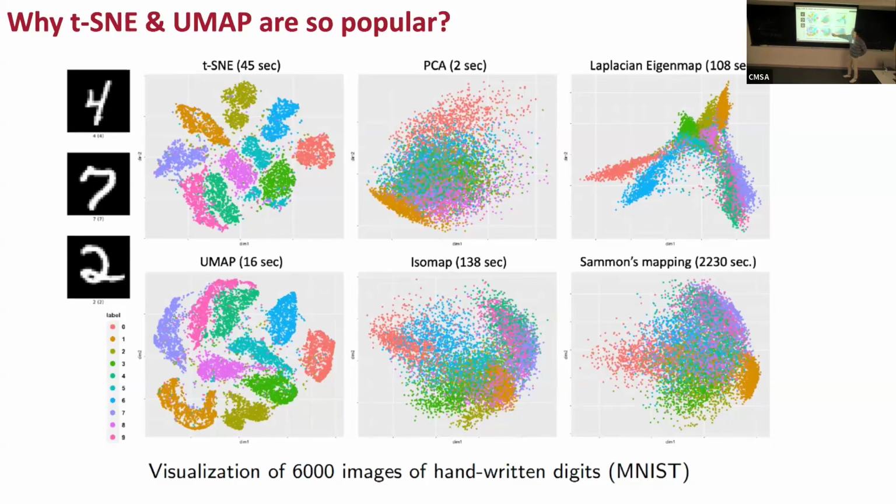There are 3 alternative nonlinear methods, and their performance compared with t-SNE and UMAP is considerably worse. Not only that, the algorithm is very fast. As you can see here, UMAP only took 16 seconds compared with, let's say, ISOMAP, which needs 2 more minutes.